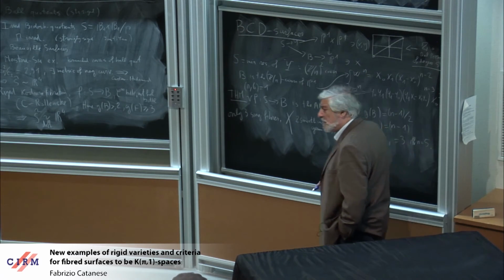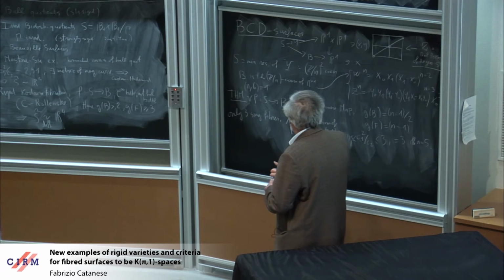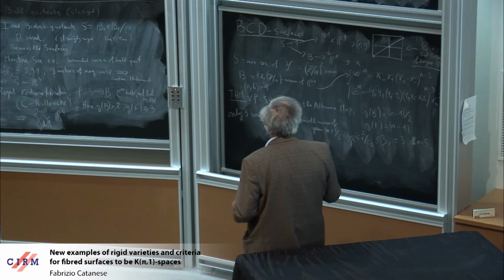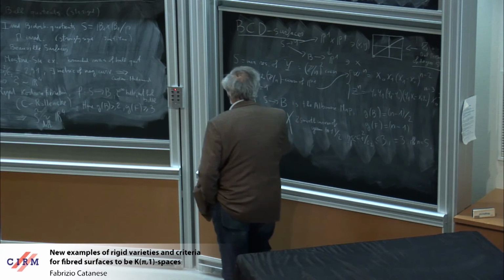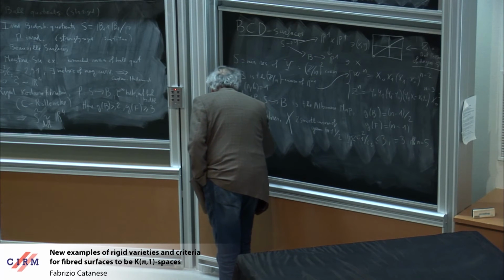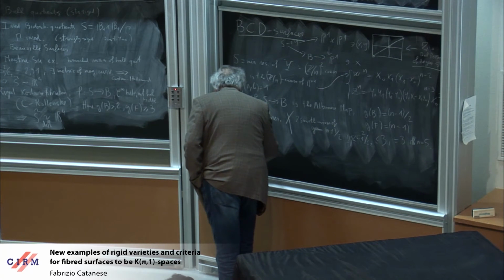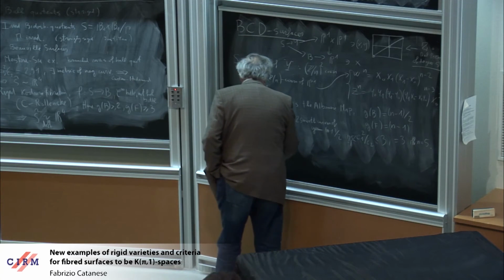And the reason why we were interested is that there was a long-standing question by Fujita, which he posed in '82, and in this case we have that F lower star of the relative dualizing sheaf is not semi-ample.